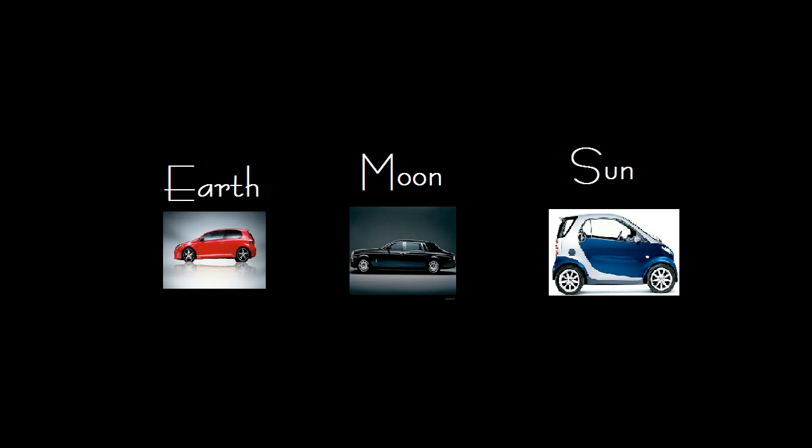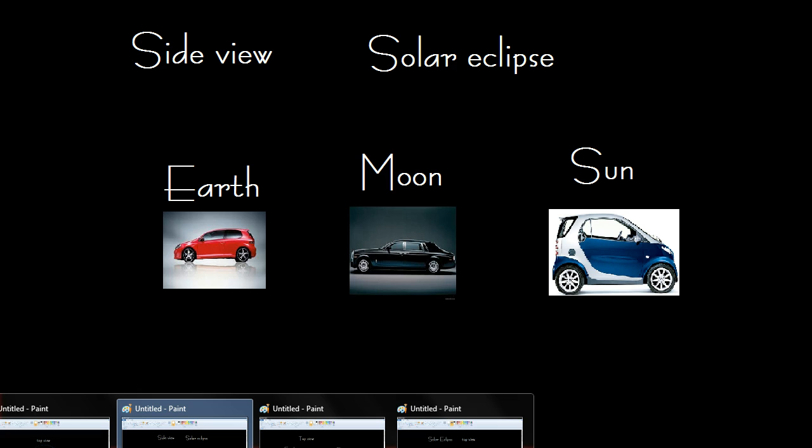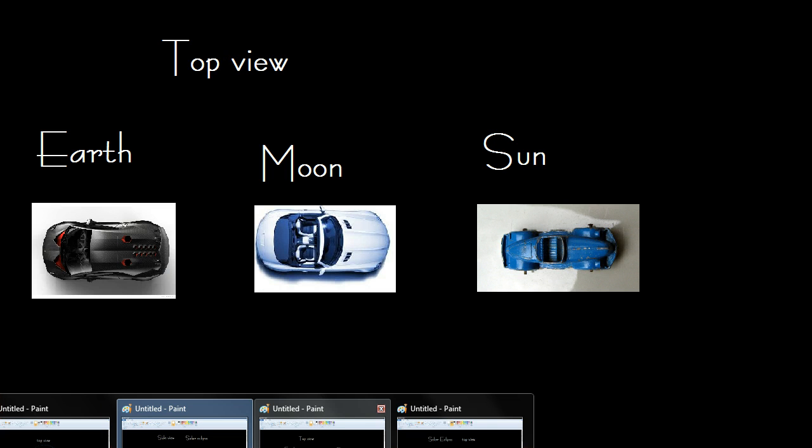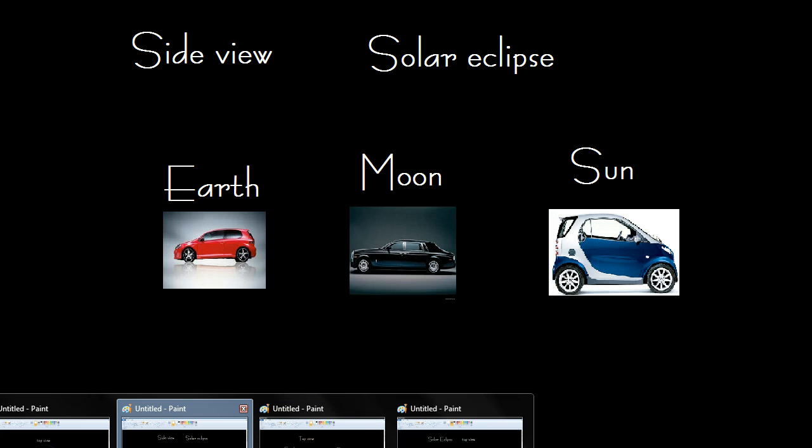Now I choose another card here, and now pretend you're going to look at the view of these cards from the side. Let's imagine the Earth, the moon, and the sun. Let's imagine for a moment that this is a solar eclipse. For a solar eclipse to happen, let's put that in our mind, there are two different views, the top view and the side view.